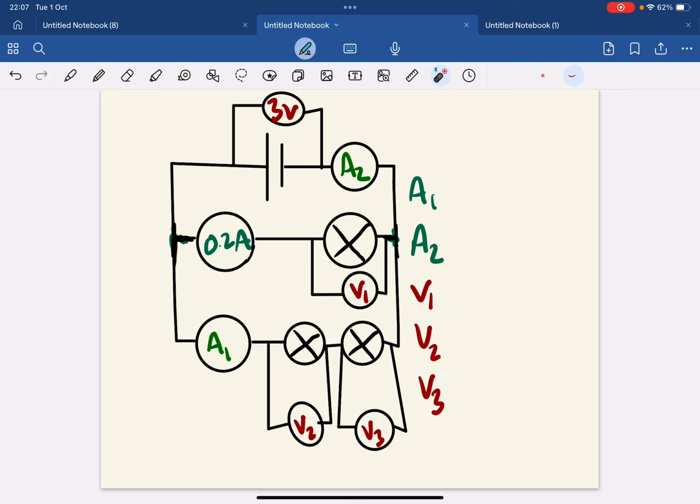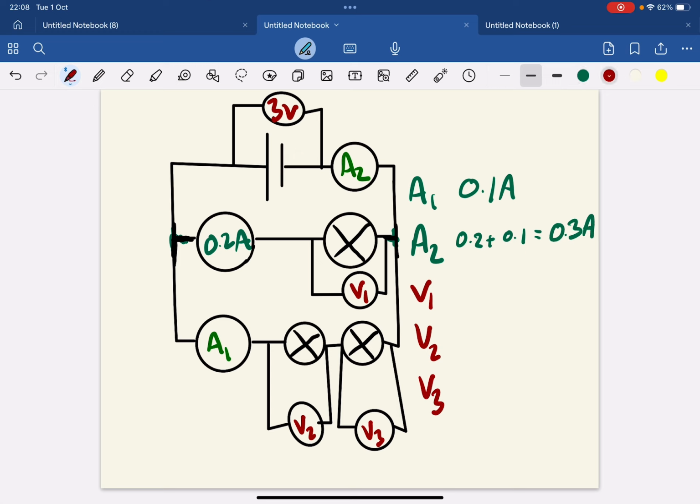And because we have double the resistance, we're going to have to halve the current. So A1 is going to be 0.1 amps. A2 is the total of both loops in this circuit, so 0.2 plus 0.1. So that's going to be 0.3 amps.